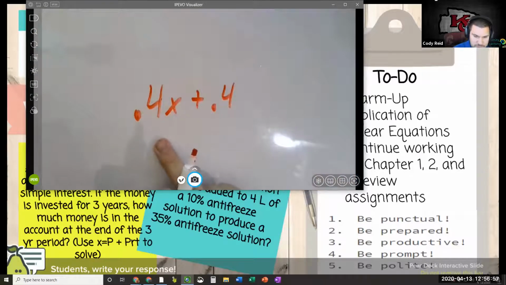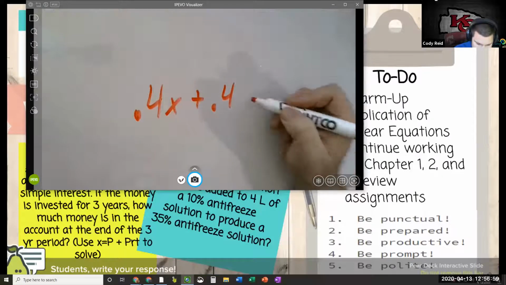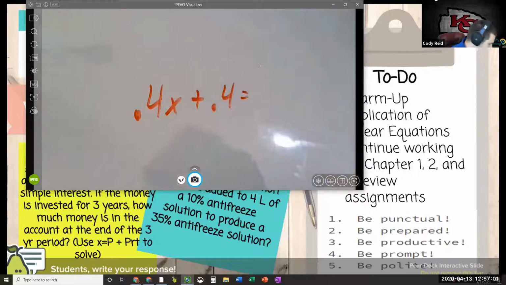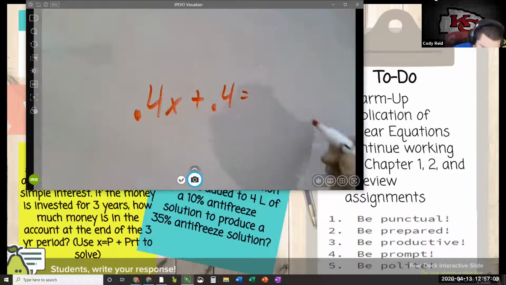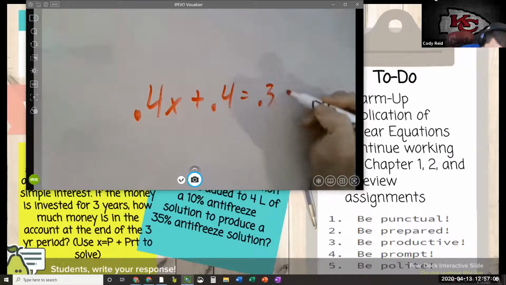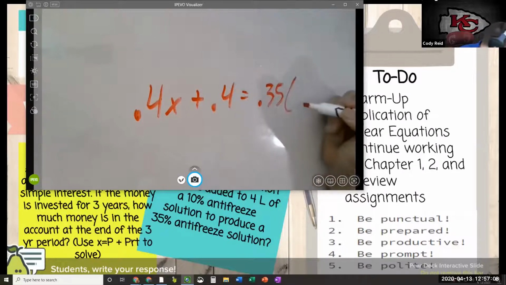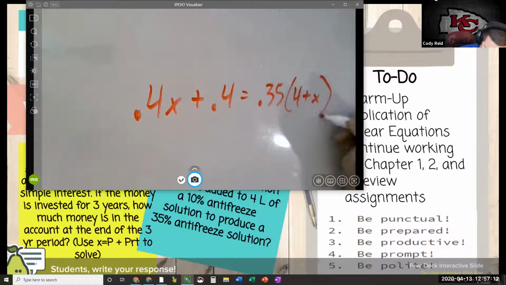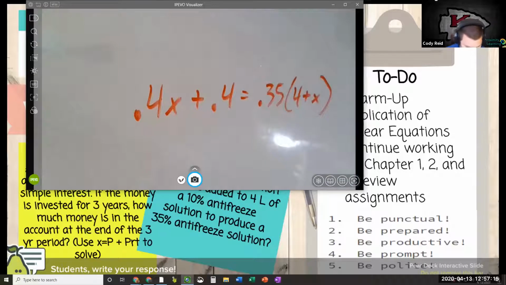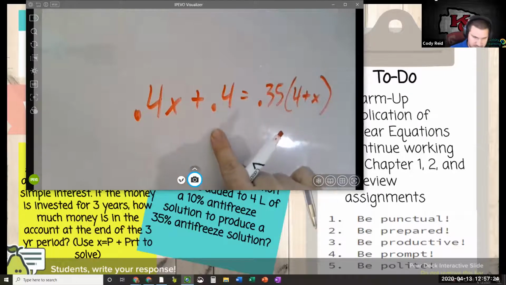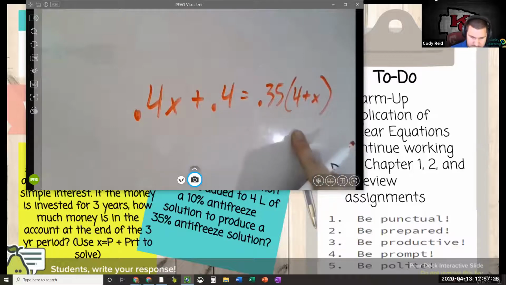So we're adding the 40% to the 10%, and then we're setting it equal to the 35% solution. So this will be our liters for the 40%, this will be the liters for the 10%, and this will be the liters for the 35%.